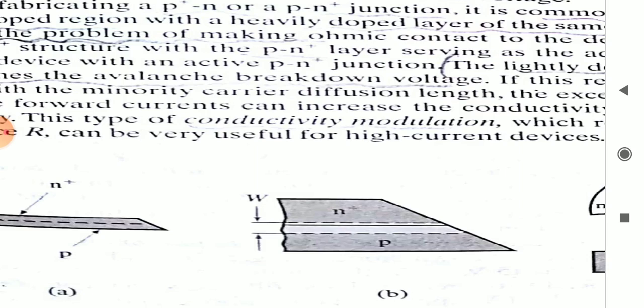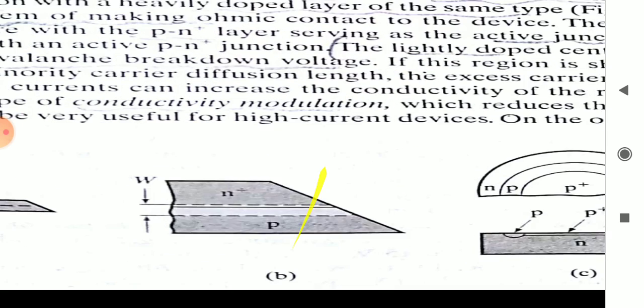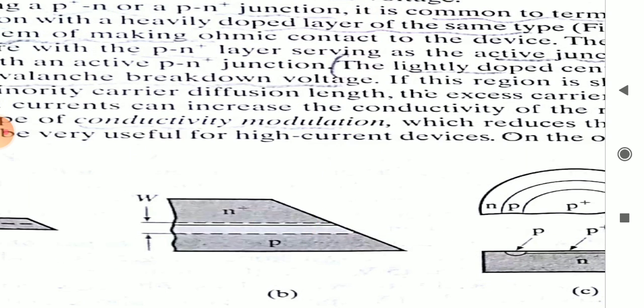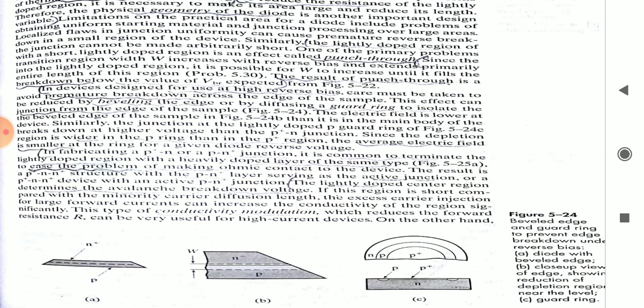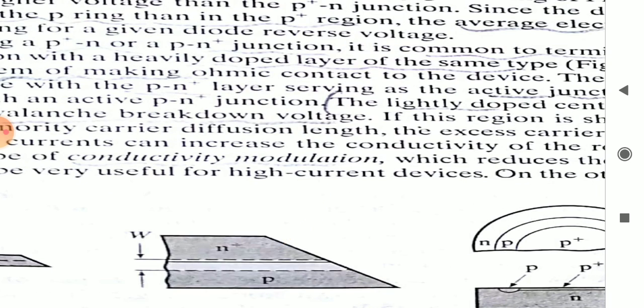You can see from the figure itself, if we make a beveled edge, then the area at the P junction is more compared to the N region. So the electric field won't play any role over here. That is one way of reducing the punch through, so that we can avoid a premature breakdown.